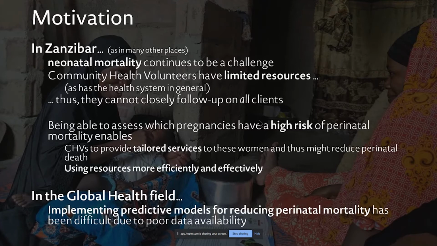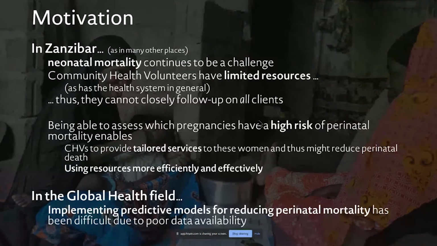And of course, the great appeal here is that we could use resources more efficiently and effectively if we really have a strong model and can use this model to design a strong intervention.